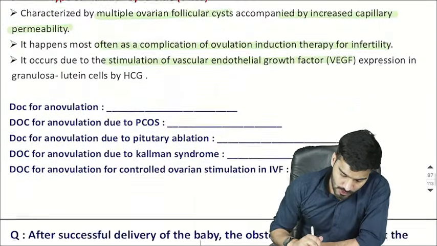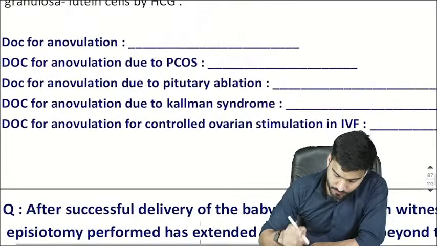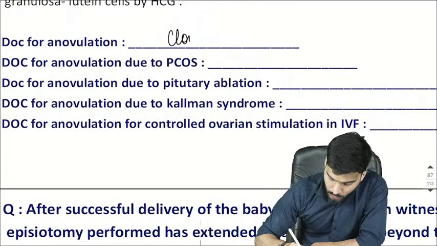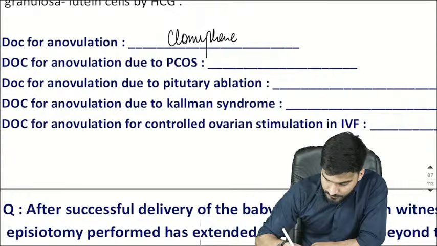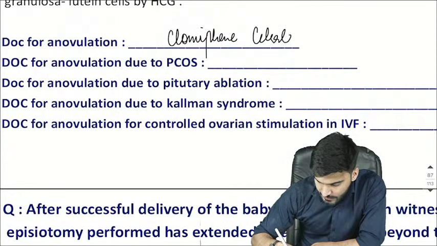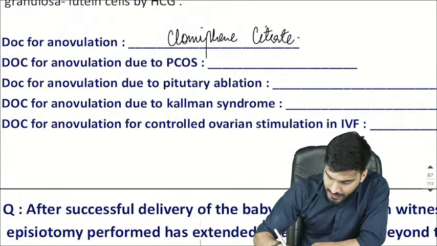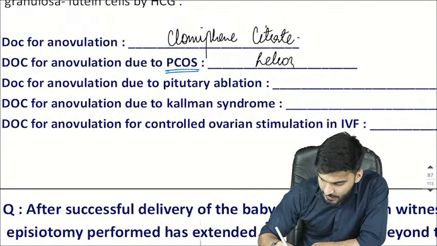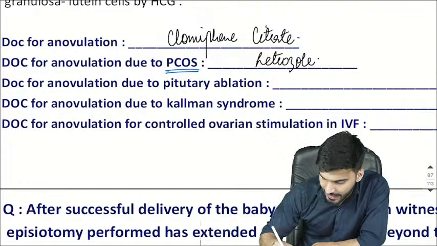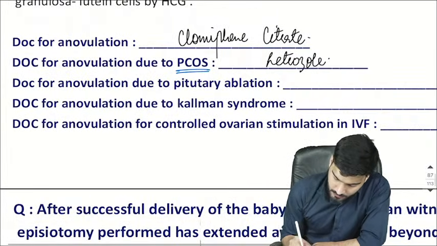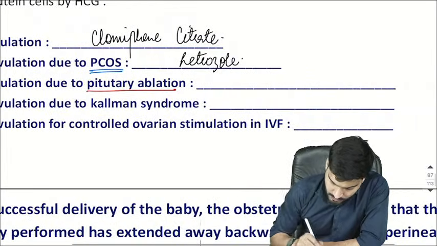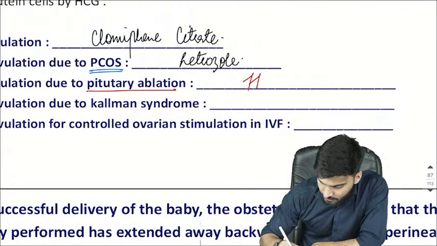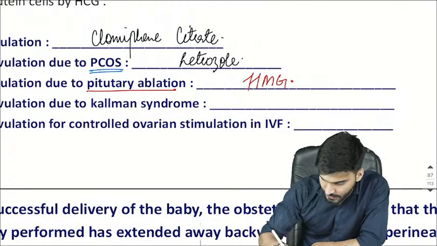Now, if we talk about the drug of choice for anovulation, we have clomiphene citrate. But if the drug of choice for anovulation in PCOS has been asked, your drug of choice is going to be letrozole, which is a first line drug and an aromatase inhibitor. If there is anovulation due to a pituitary cause, we give human menopausal gonadotrophin, HMG.